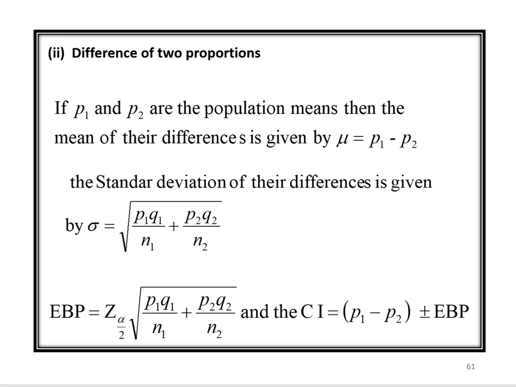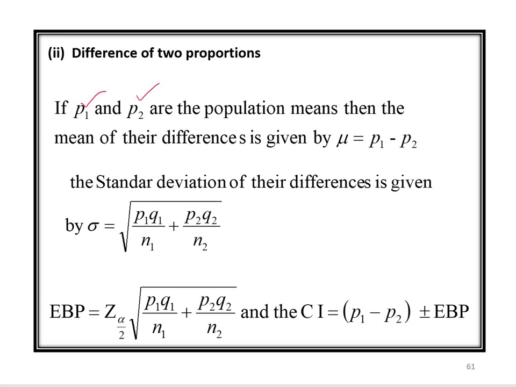If you have two binomial experiments with population proportions P1 and P2, and alpha is the confidence level, then how do we find the error and the confidence interval?